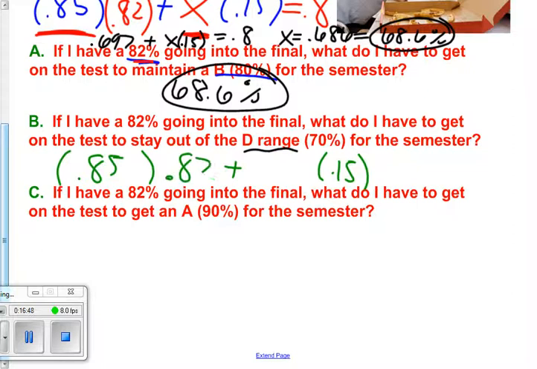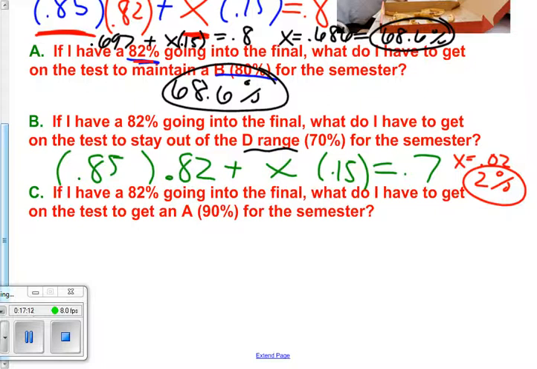At the end of this quarter, before the final, you have 82%, and we're still trying to find what you can get on the final test. So we set that equal to 0.7. And if we did all the math, you should have gotten it to equal 0.02 or 2%.